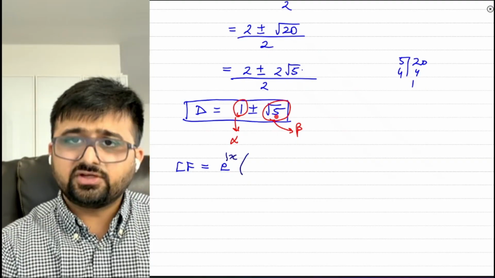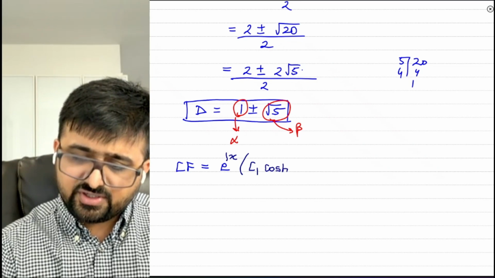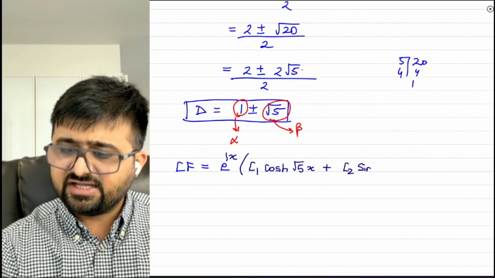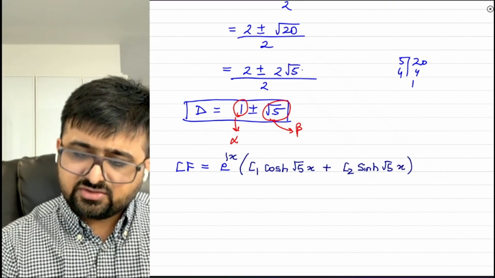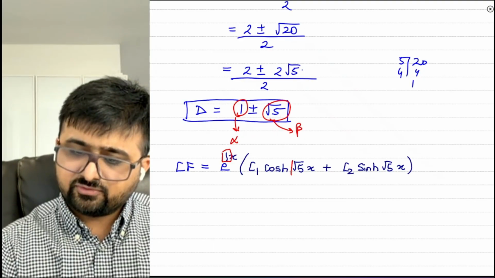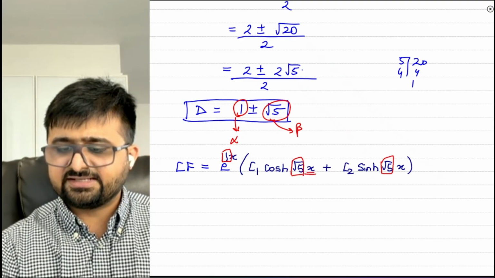There is no repeated value, so the answer is just going to be c1 cos hyperbolic root 5x plus c2 sine hyperbolic root 5x. Basically, you write your first root in the power of e to the power 1x, and then this root 5 goes along with cos hyperbolic and sine hyperbolic x. Remember there is x here as well.